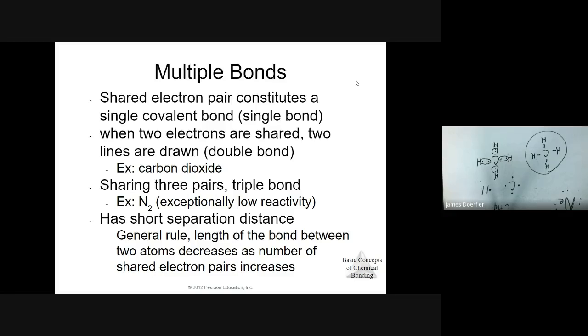And now that I've satisfied the octet rule for both nitrogens, I draw my finalized Lewis structure like this, again putting those unshared electrons that still remain up here. This time, I now have a triple bond.